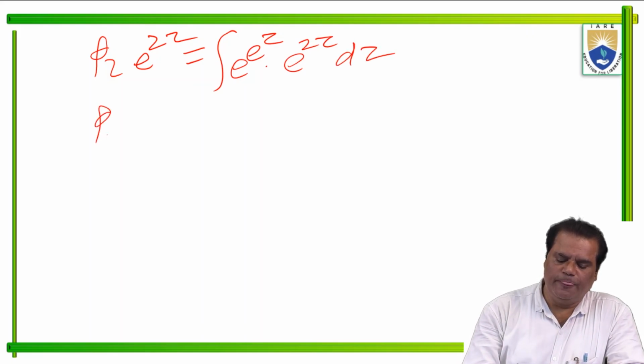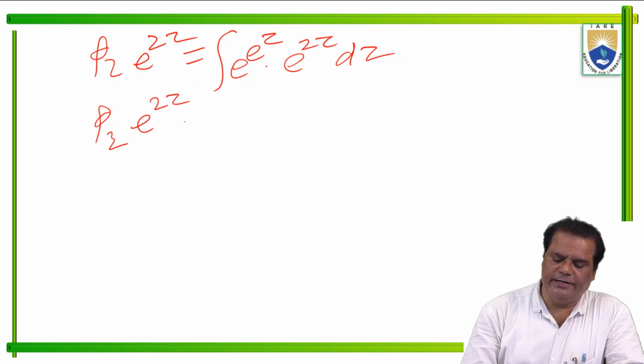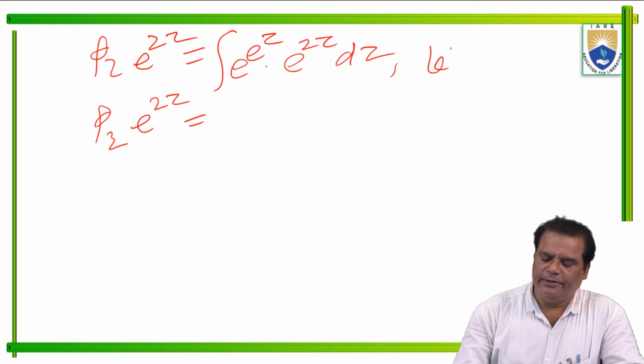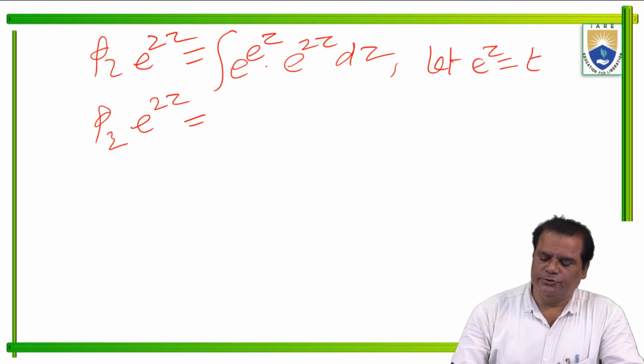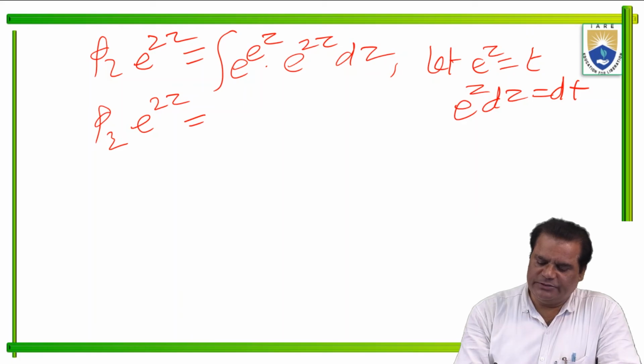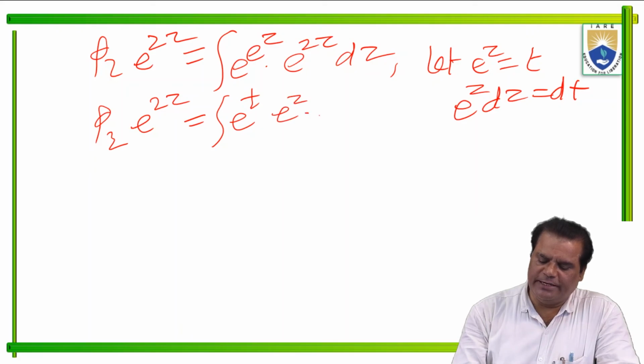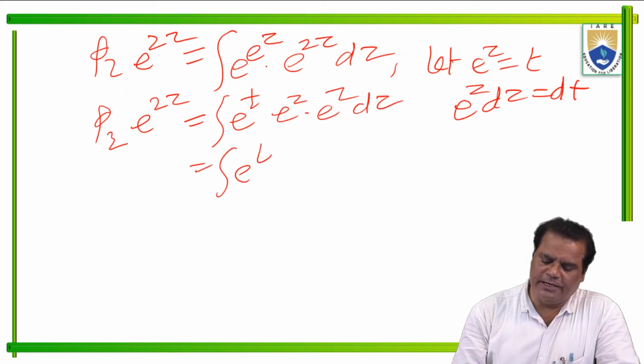So phi 2 times e^(2z) equals, now let e^z equal t. So e^z dz equals dt. Breaking this, e^z into e^z dz equals t e^t dt.